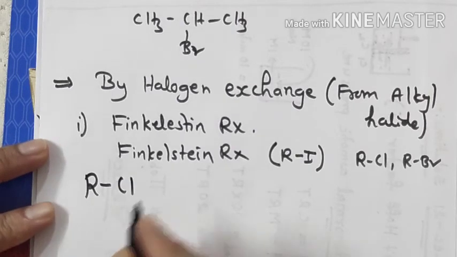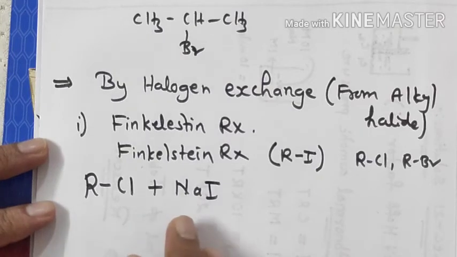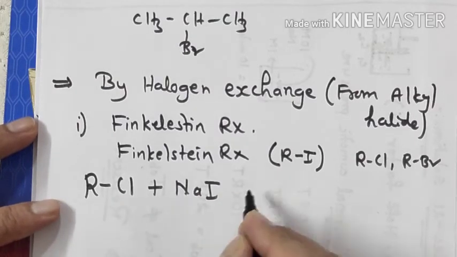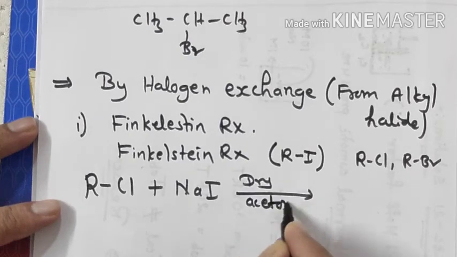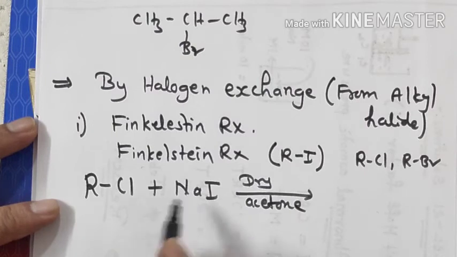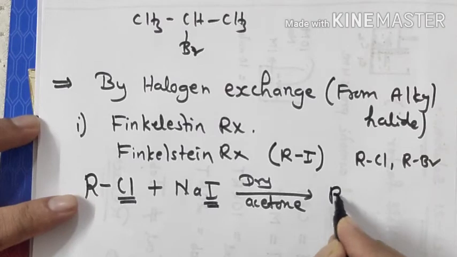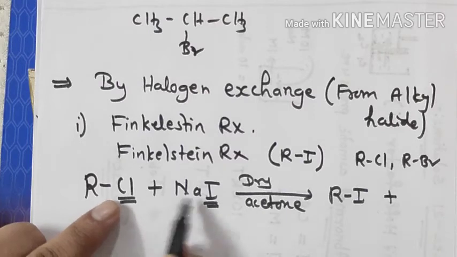Okay, so let's start. I take alkyl chloride and I treat this with sodium iodide, or I can also take potassium iodide, but normally we take sodium iodide. So alkyl chloride is treated with sodium iodide in presence of dry acetone. Now this Cl will be replaced by iodine and we get RI plus what is left?